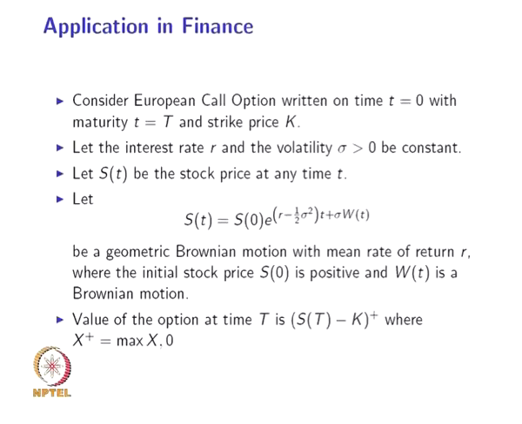Therefore St, the solution S of 0 e power, I replaced mu by R, therefore R is the interest rate here. So R minus half sigma square t plus sigma times Wt be the geometric Brownian motion with the mean rate of return R, where the initial stock price S of 0 is positive and Wt is a Brownian motion. So it has a direct application in finance.